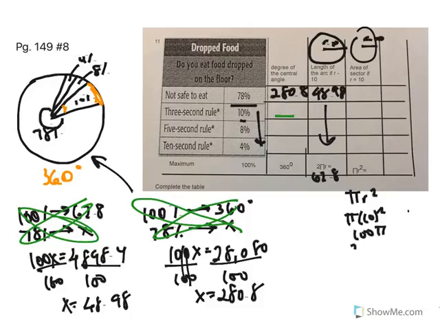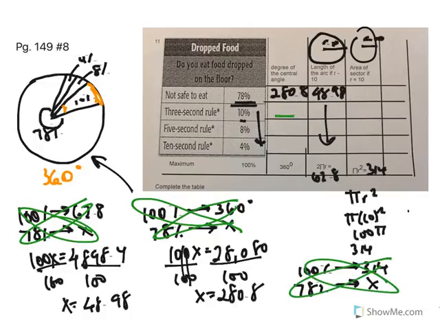And we get 314. Okay? So we're going to set up a ratio now where 100% is to the maximum area, which is 314, as whatever percentage they give us up here, as 78% is to x. Cross multiply and put the answer up here.